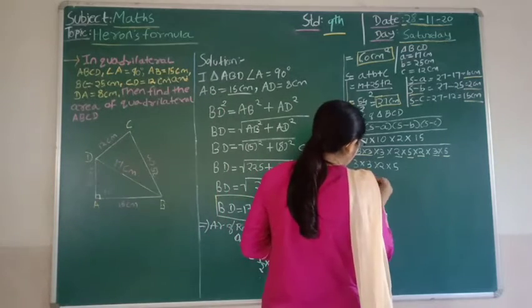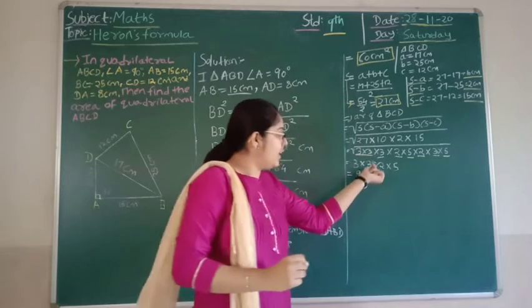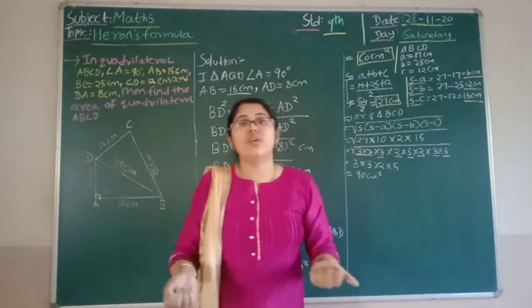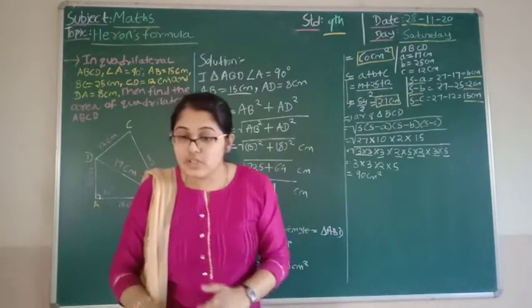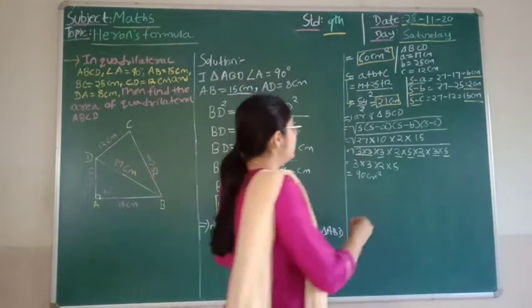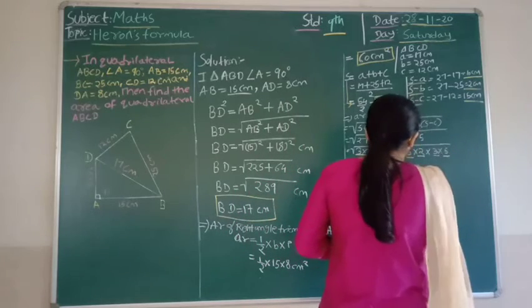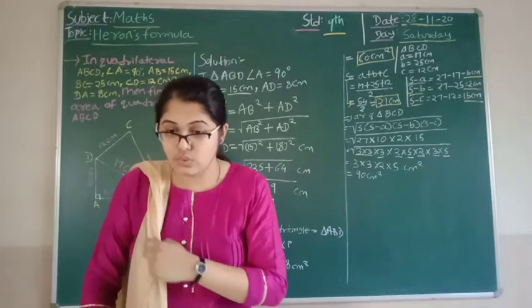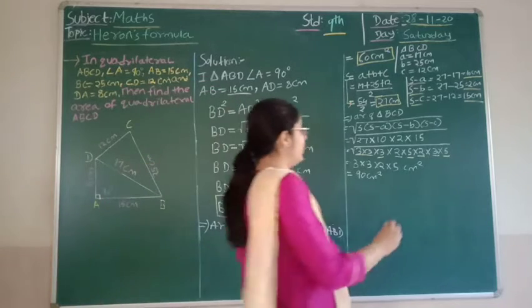If you calculate, 3 3s are 9 and 5 2s are 10, and 9 into 10 is nothing but 90. So this is how we are getting the answer, 90 centimeter square.